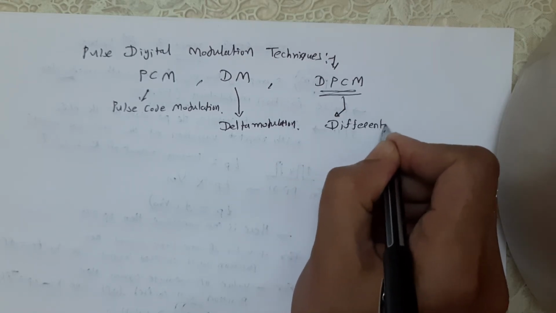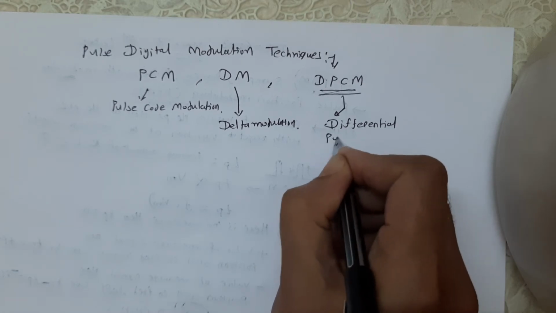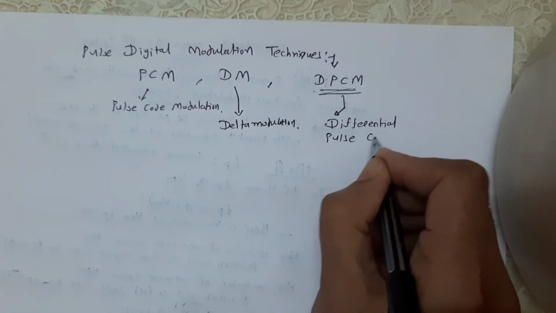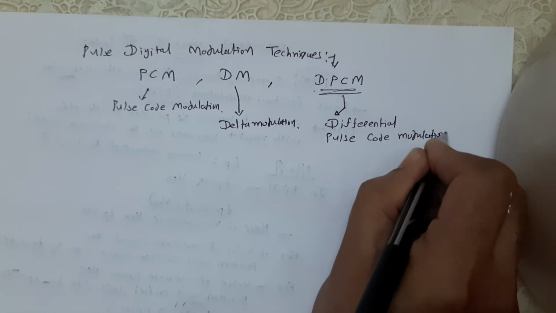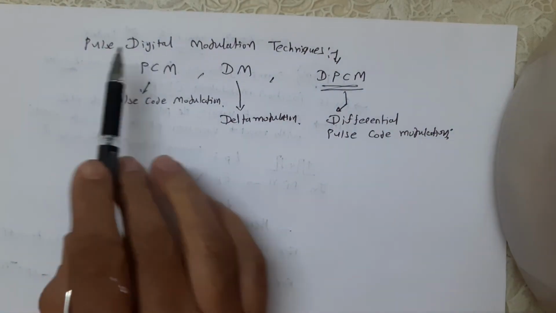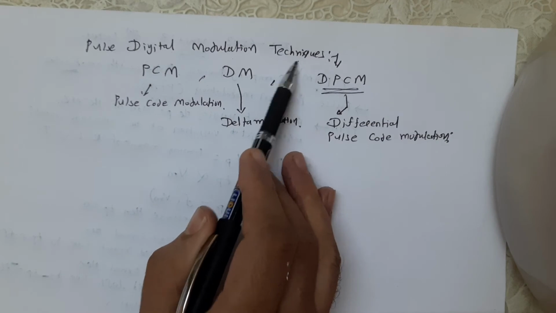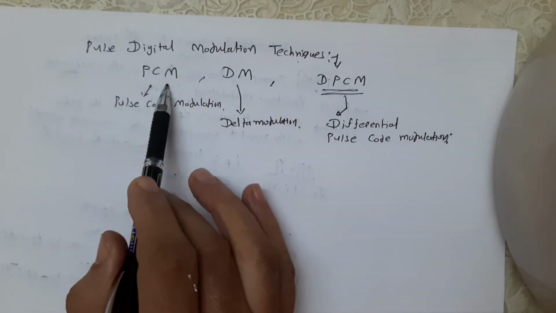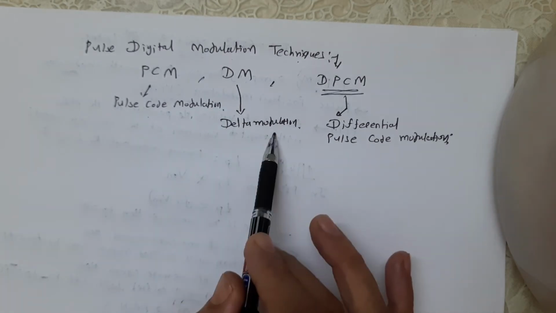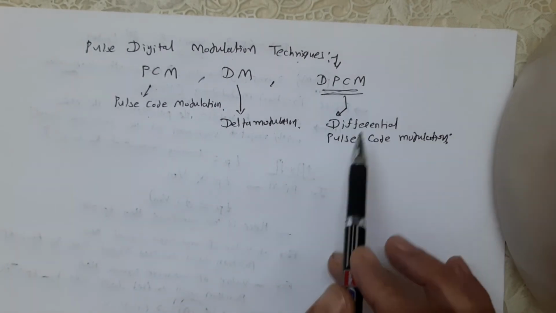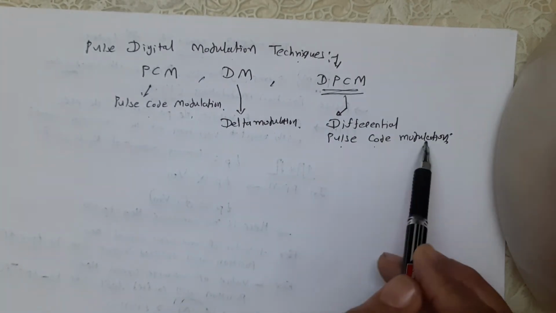Differential pulse code modulation. I repeat, in pulse digital modulation techniques, there are three techniques: PCM, that means pulse code modulation, DM, that means delta modulation, and DPCM, that means differential pulse code modulation.